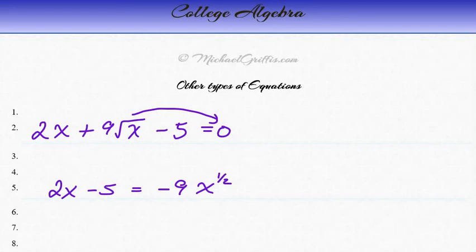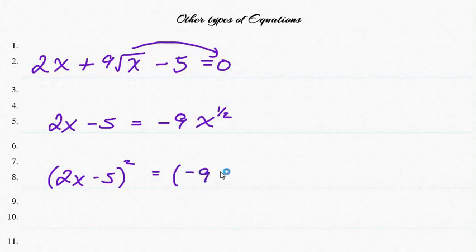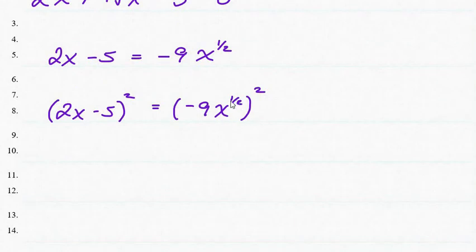Now what we'll want to do is square both sides. So let's do that. Okay, so we're squaring both sides. And of course, the whole reason is to get rid of this.